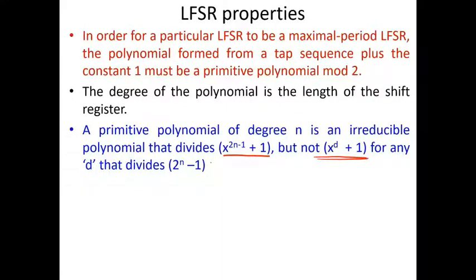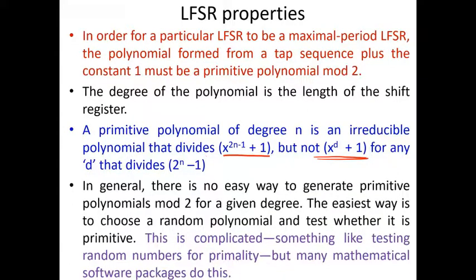Our intention here is to learn how to use the LFSR, not to find the generator or the primitive polynomial for the LFSR. Every LFSR is defined by that polynomial, which is nothing but the feedback function. So the polynomial which we are talking of here is the feedback function which we are going to define.